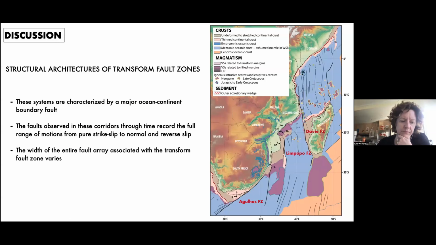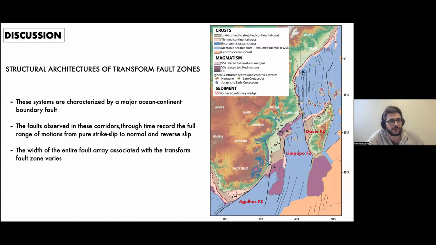Yeah, so if we summarize this different information, we see that these three fracture zones share numerous characteristics. The systems are characterized by major and strongly localized ocean-continent boundary faults, which are often associated with a set of strike-slip to oblique-slip fault systems that accommodate the transform motion.